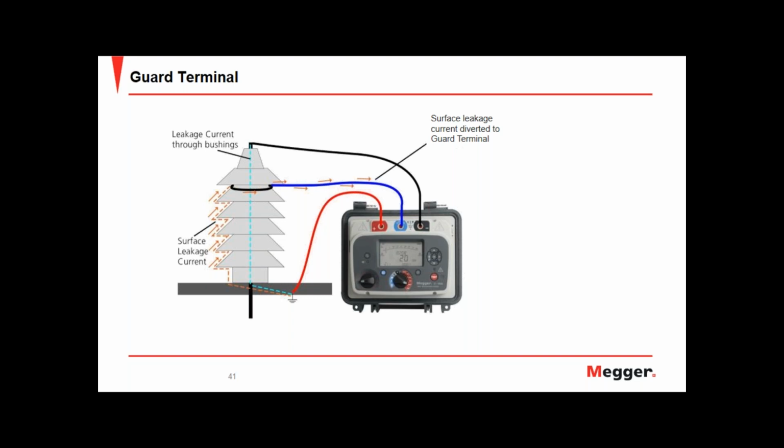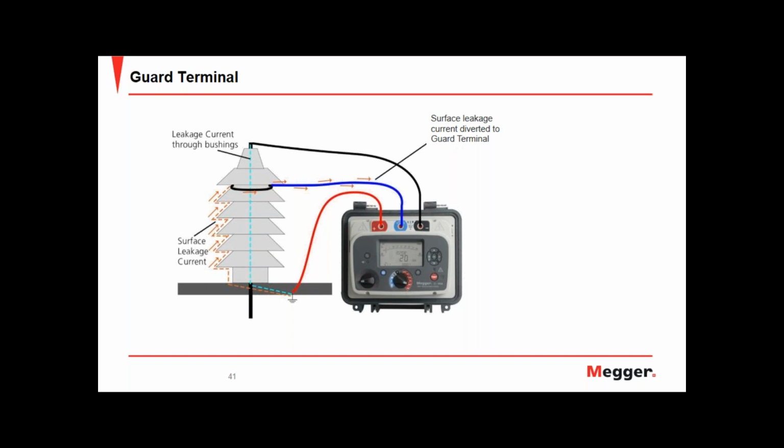So regarding the guard terminal, with the addition of a third wire to the insulation resistance test, instead of doing a 2-wire test, we're now doing a 3-wire test. We're able to wrap a conductive wire or conductive rubber around the bushing, using the bushing as an example again, and this provides a path for the surface leakage current to be diverted away from the measurement circuit contained within the negative terminal.